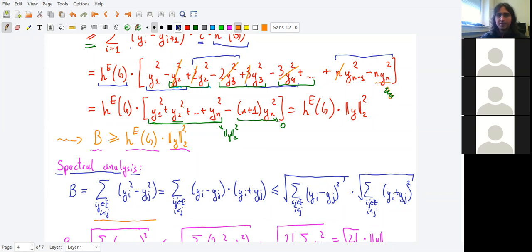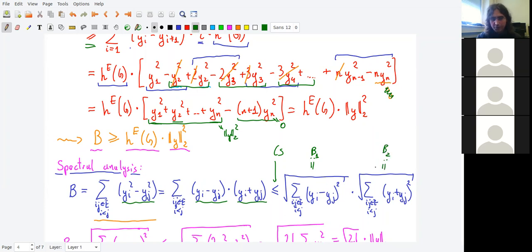Now I can use this basic formula to say that this difference of squares is the difference times the sum. And now I can apply Cauchy-Schwarz to separately look at the term corresponding to the differences and the term corresponding to the sums. Let this term be equal to B1, and this be equal to B2.